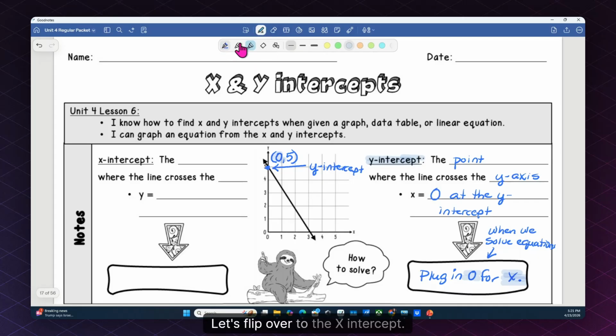Let's flip over to the x-intercept. If a y-intercept is where it crosses the y-axis, the x-intercept is the point where it crosses the x-axis. So we can have a point down here. This is going to be my x-intercept.